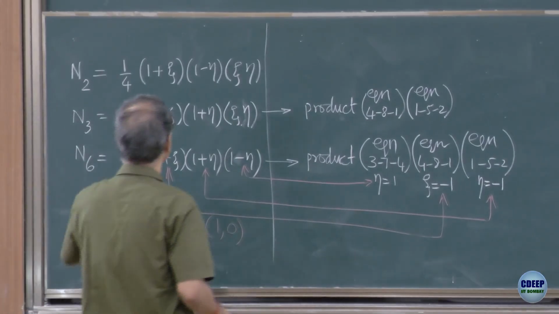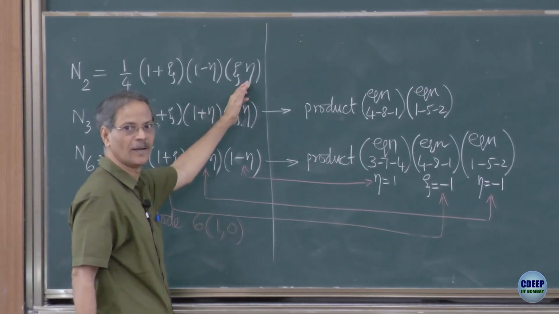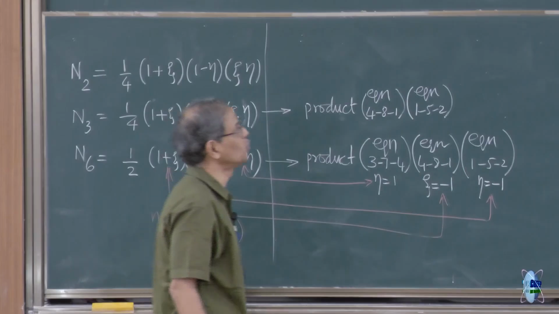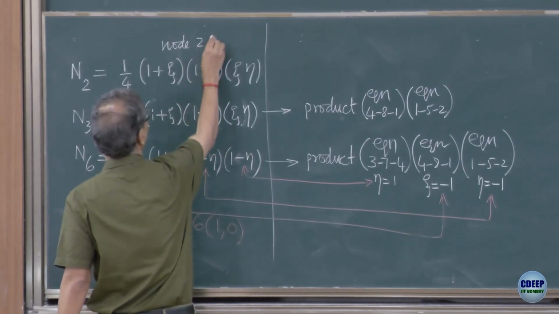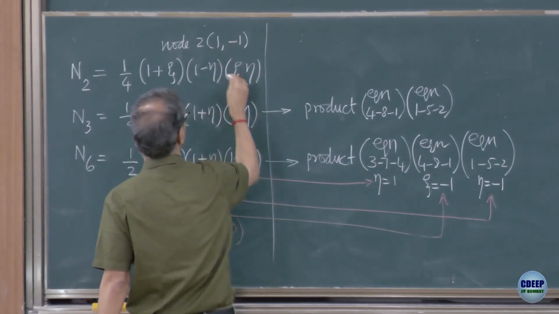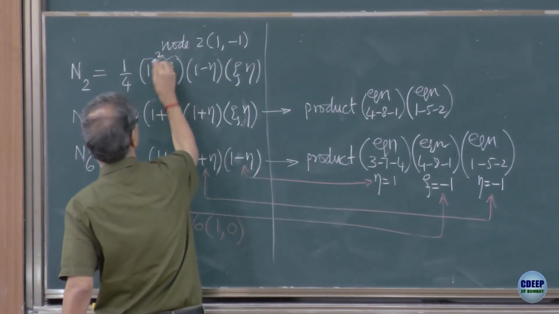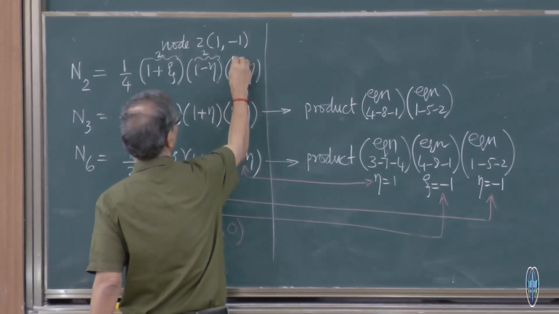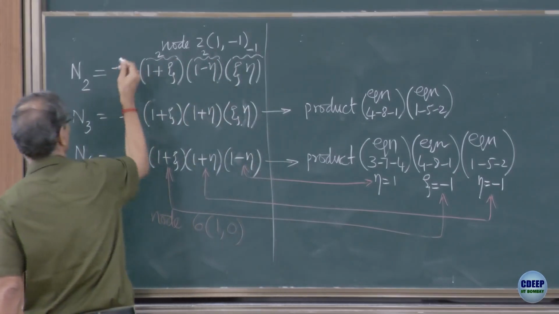Now let's see whether these individual terms are okay. So now substitute the coordinates of node 2. Node 2 is 1, minus 1. So zeta is 1, so this becomes 2. Eta is -1, so this becomes 2. This becomes -1, so -1 over 4.